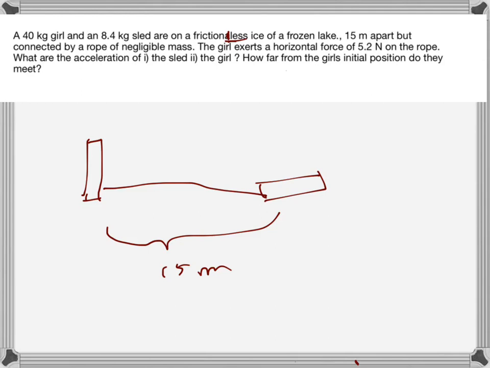The girl exerts a horizontal force of 5.2 Newton on the rope. So what are the acceleration of the sled, the girl, and how far from the girl's initial position do they meet? The girl's mass is given, let's say mg, 40 kg, and the sled's mass ms is equal to 8.4 kg.